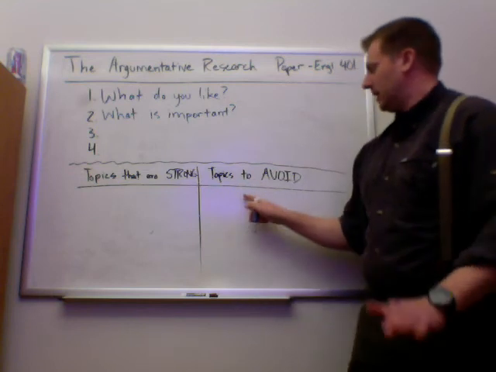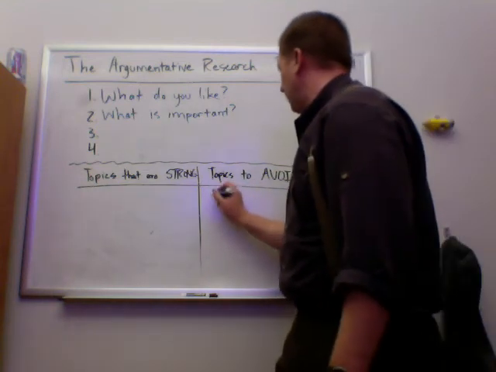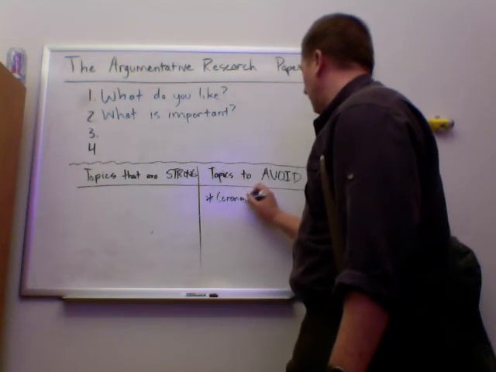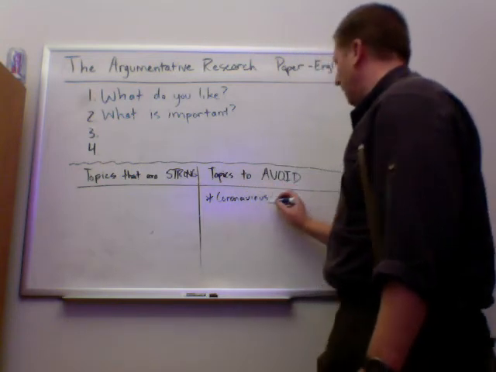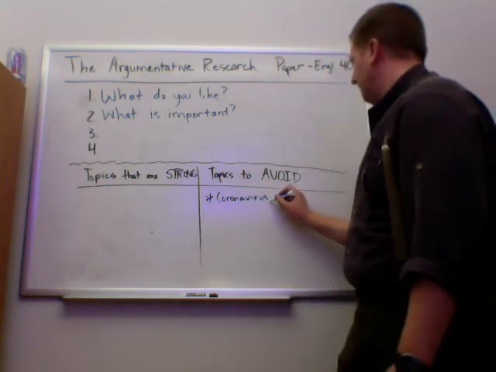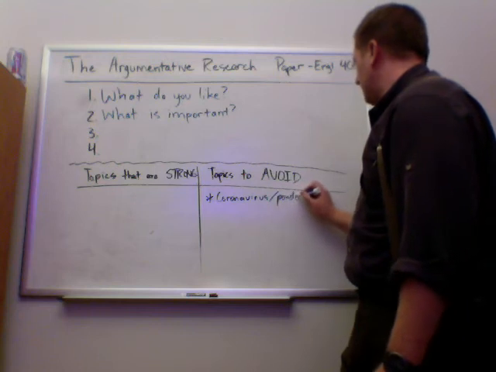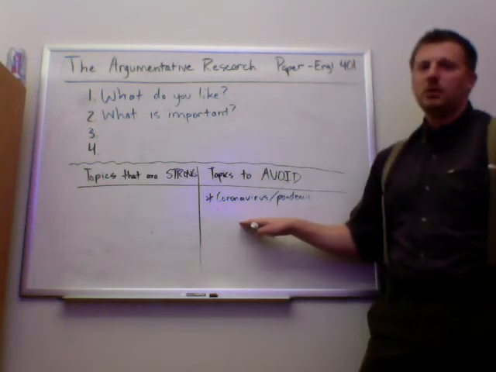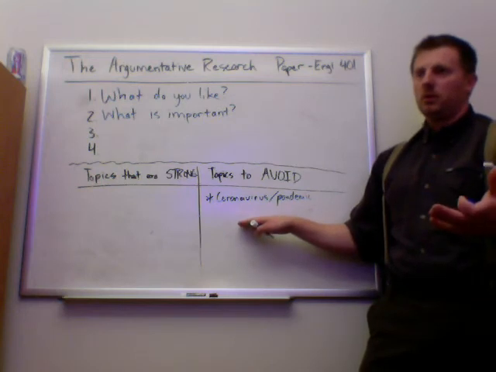I'm actually going to please avoid picking the coronavirus or any really pandemic-related topics, just because we've got so much of it right now in our lives. I want you to take a break, okay? I want you to take a break from thinking about the coronavirus, COVID-19. I want you to do something else.